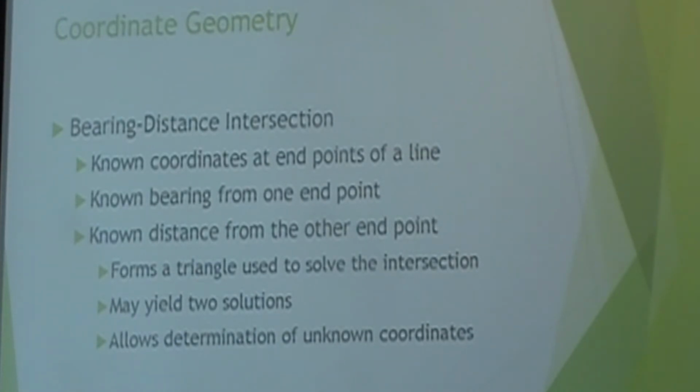Where the intersection occurs, a triangle forms, and you can solve the intersection via triangle solutions. But this will typically yield two solutions. There's only one unique case where it would yield one, and if the radius of the arc is too small, it yields 0. So when you have the two-solution problem, you have to know which one you're talking about. But this does allow you to determine the unknown coordinates.